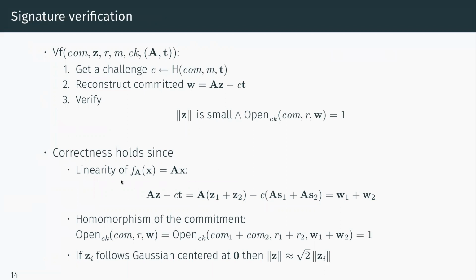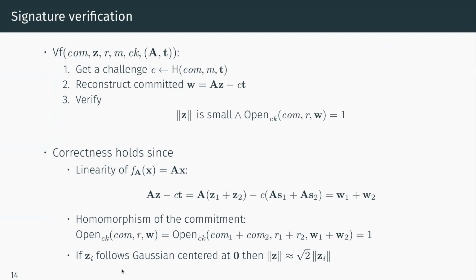Of course the SIS function is linear, so you can make sure that AZ minus CT is actually a sum of the locally computed transcripts, which are almost locally computed by both parties, but the challenge is shared. And the homomorphism of the commitment guarantees that the added commitment actually contains W1 plus W2.